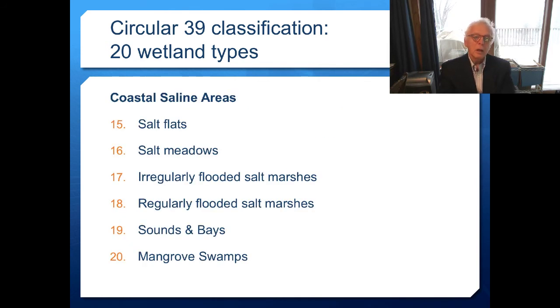And continued on the next slide, we have coastal saline areas, which would be salt flats, pretty descriptive, salt meadows, a little bit higher vegetation, irregularly flooded salt marshes, regularly flooded salt marshes, sounds and bays, and mangrove swamps. So 20 different wetland types defined by the very famous and still frequently used Circular 39 classification.